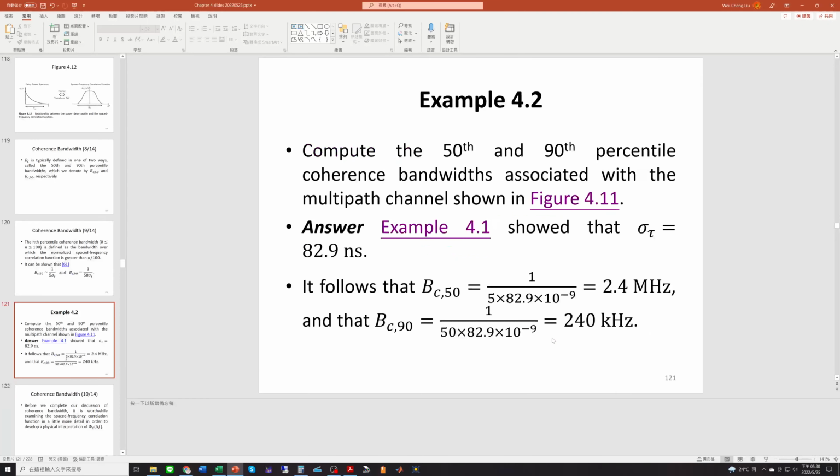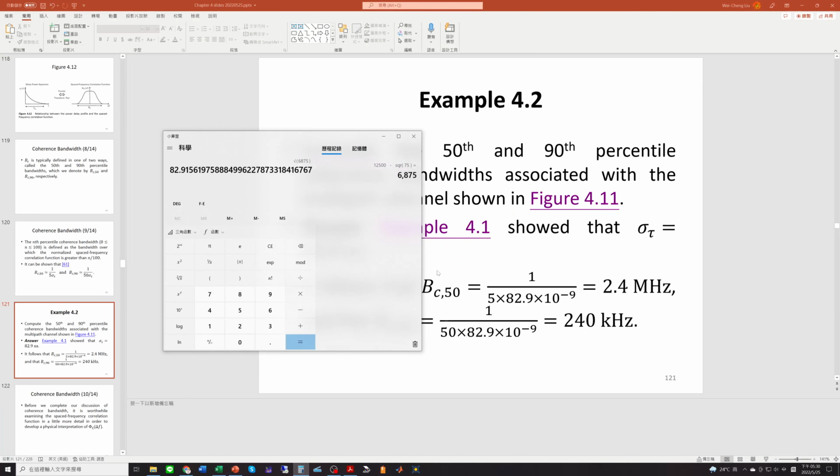We can simply use a calculator to find the value of this equation. So let us compute 1 over 5 and over 82.9.